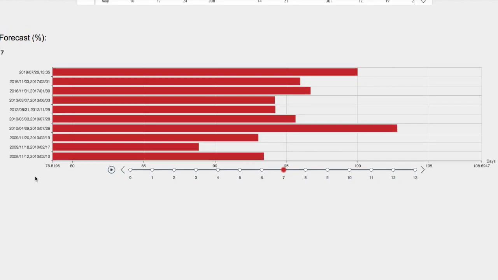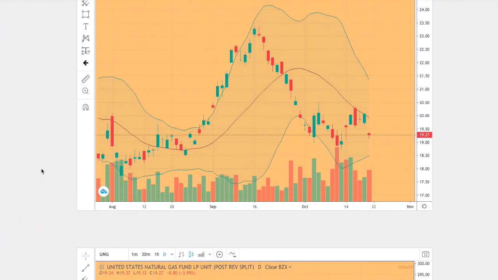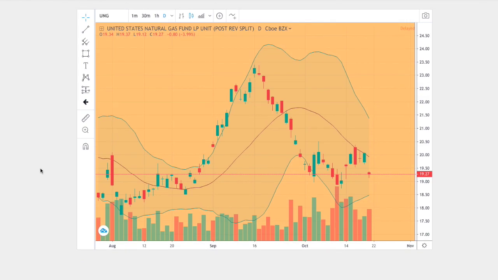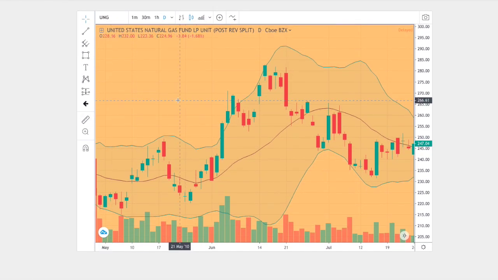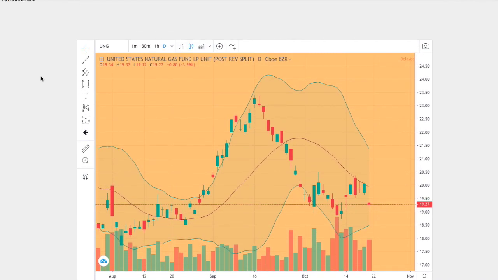So which one of these forecast models is the best match? Ideally, this is the current trend, and the trend below is the trend that I believe is the best match, and this dates back to April 29 to July 26, 2010. So let me point out why these two charts are similar.